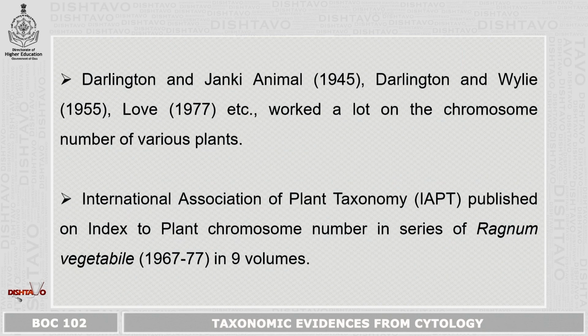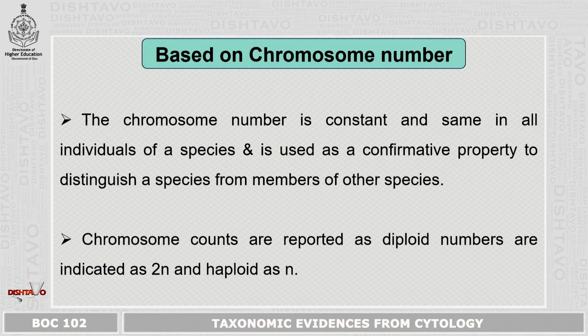A large number of workers, students, like Darlington, Janaki, Darlington and Wylie, Love, worked a lot on the chromosome numbers of various plants, and the International Association of Plant Taxonomy published an index to plant chromosome numbers in a series of Regnum Vegetabile in 9 volumes.